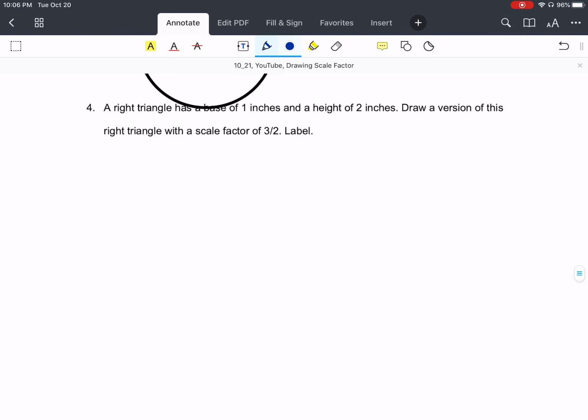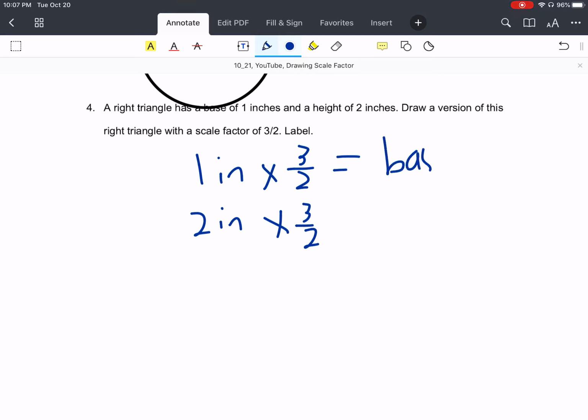All right, number 4, a right triangle has a base of 1 inch and a height of 2 inches. Draw a version of this right triangle with a scale factor of 3/2. So I have 1 inch, I have 2 inches. I'm multiplying both of those by 3/2. That, of course, leaves our base of 1.5 inches and our height of 3 inches.